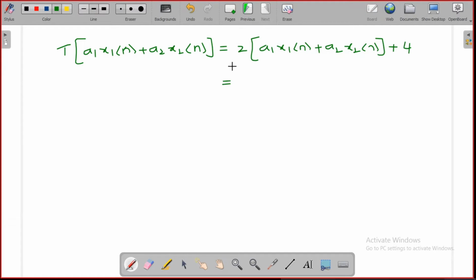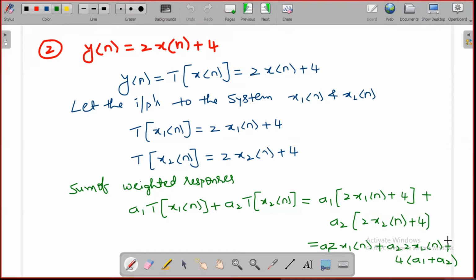Okay, now see this one. Now the term is 2a1 x1 of n plus 2a2 x2 of n plus 4. Let us say this is equation 2 and the previous one is equation 1.